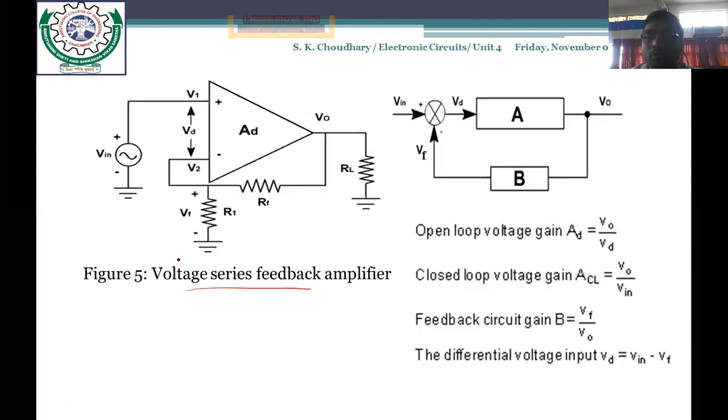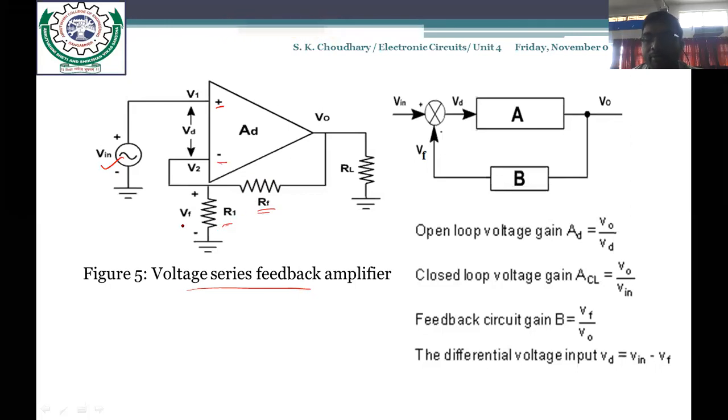Till now we only knew how to draw the voltage series feedback amplifier using transistor or FET. But now this is the new configuration, using an op amp. You can see here in the non-inverting terminal we have applied the input voltage. In the inverting terminal we connect the feedback circuitry. From the output terminal we draw a wire to connect the feedback network, that is RF and R1.